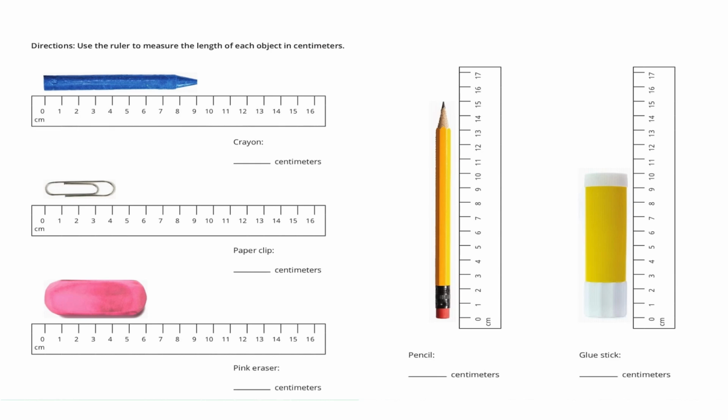Now let's apply. Use your ruler to measure the length of each object in centimeters. Here, first we have a crayon. To measure it from one end to the other end, we will put the first end at 0, and we will measure the last point or the other end.